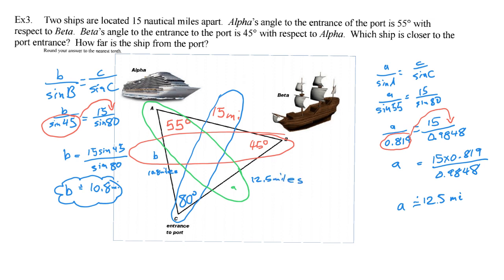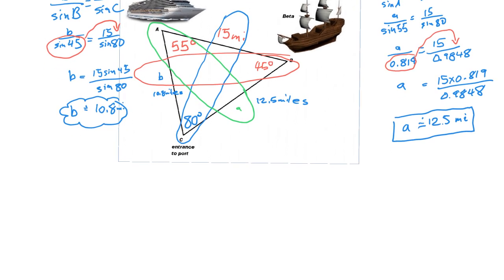If you do nothing else on your tests for me, make sure that you at least write out the triangle calculations on your sheet, so we know what we're looking for. So the very last thing that it asks you for, it wants to know which ship is closer, right? So the closer ship is this one, which is alpha. So let's write that out.